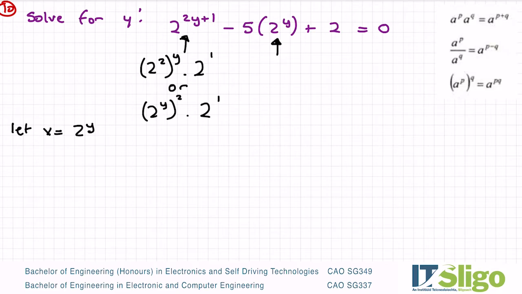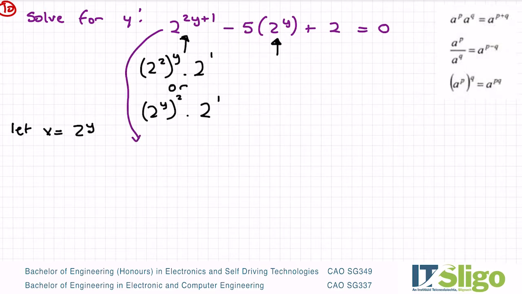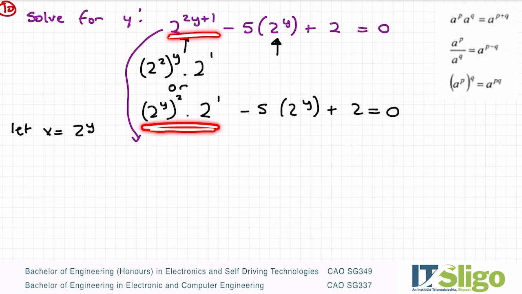So I'm going to use a substitution method, and it might make my quadratic a whole lot easier. Okay, so minus 5, 2 to the power of y plus 2 is equal to 0. So I've just rewritten 2 to the power of 2y plus 1 as this. So I'm letting x equal to 2 to the power of y.